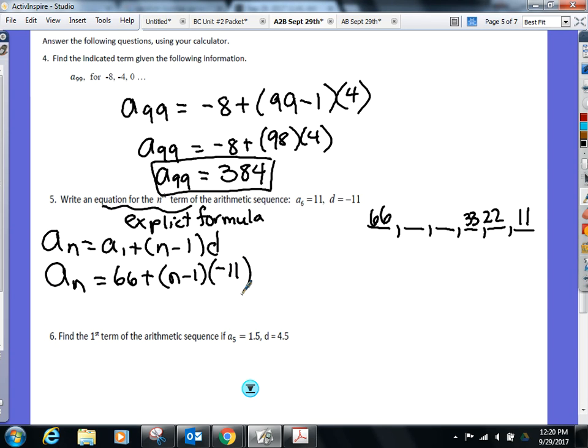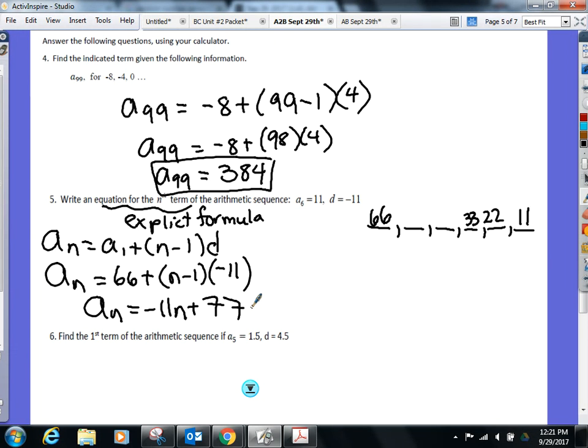And then you guys know, distribute and clean up for me. Negative 11n plus 77.